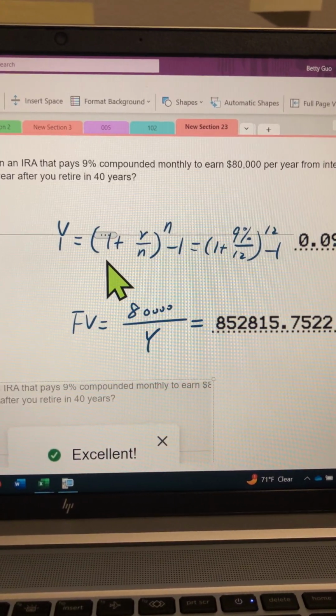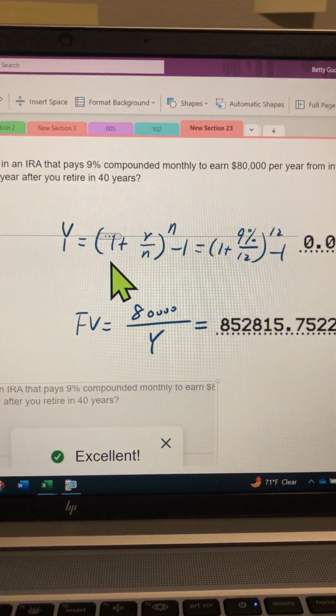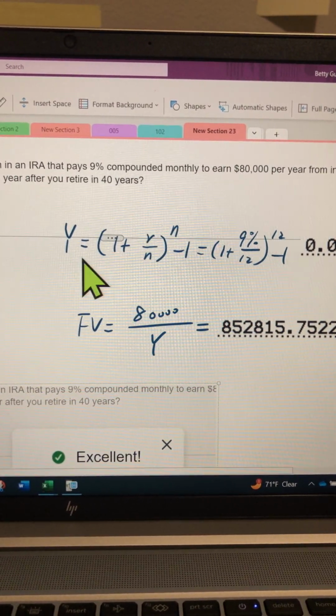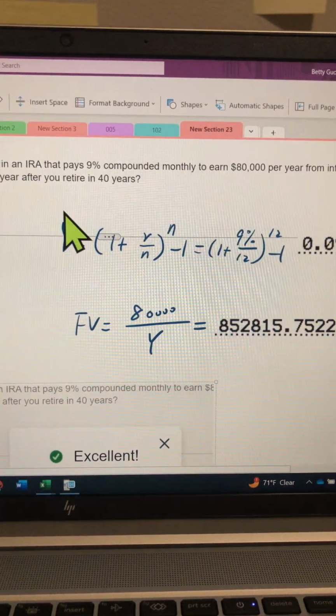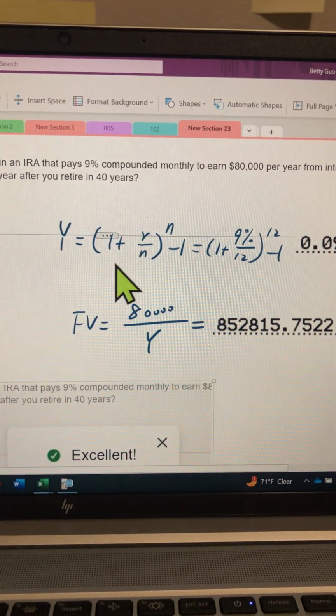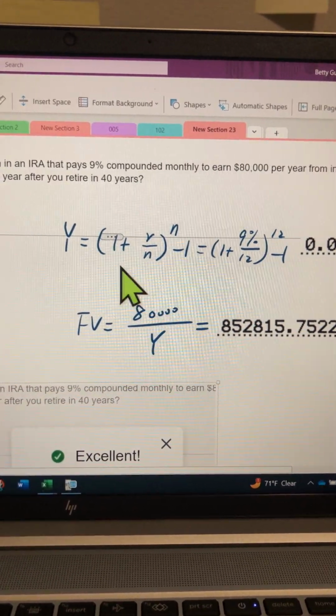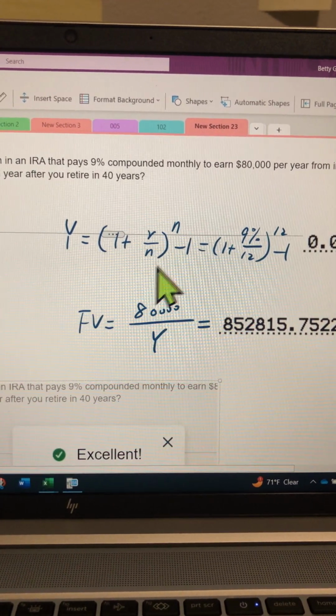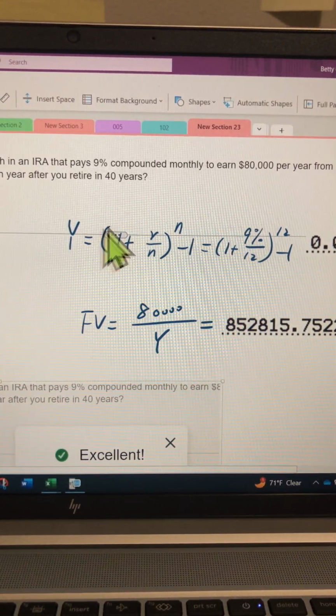APR and APY is something you hear often in the real world. They are actually the same thing in essence. They are both the effective rate. APR is the effective rate when you are borrowing money. APY is the effective rate when you are investing money. They, in essence, are the same thing.